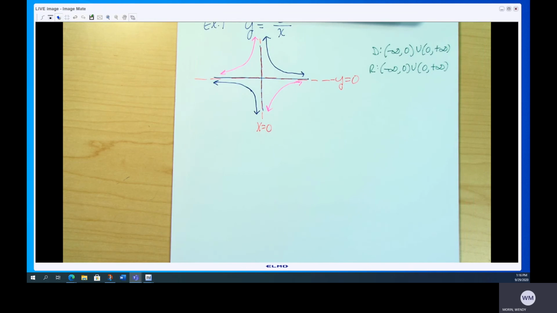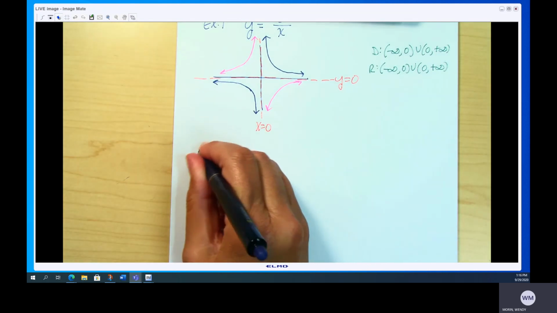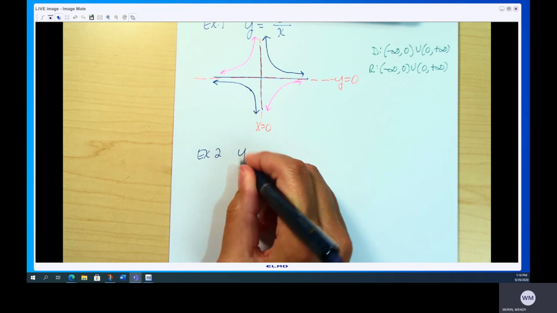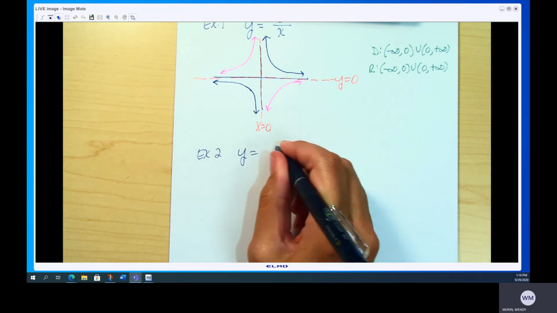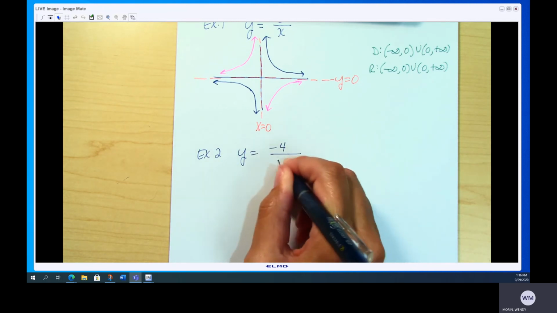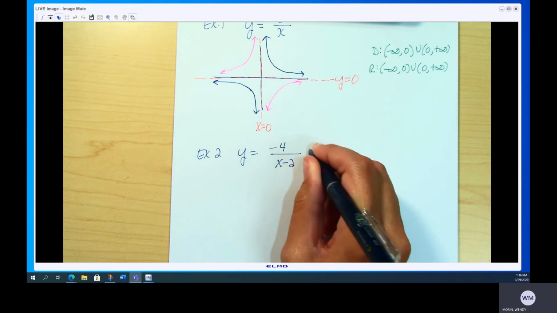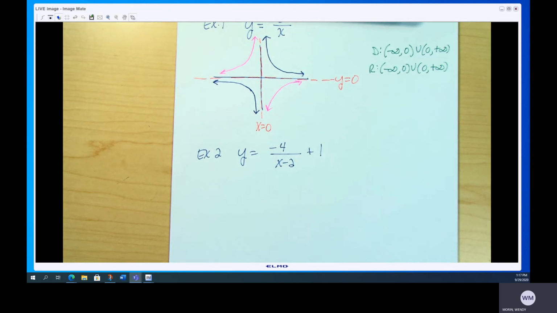Let's take a look at a translated function. Let's do y equals negative 4 over x minus 2 plus 1. Let's talk about translations, h and k.